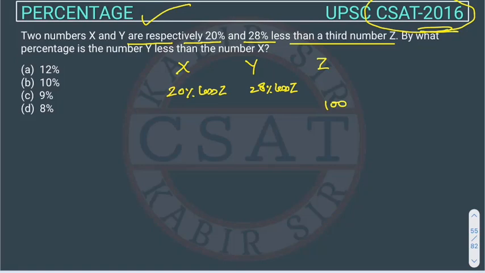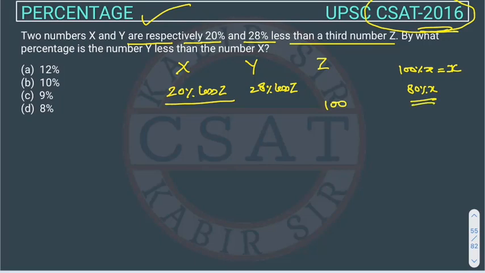So X is 20% less than Z. So you know, I told you that 100% of some number is the number only. If you want to calculate 20% less, we can take 80% of that number, right?